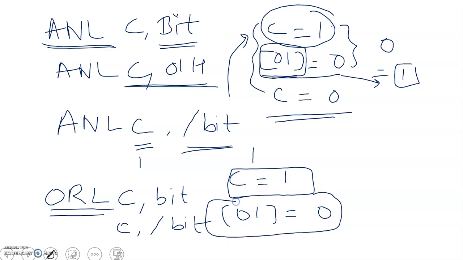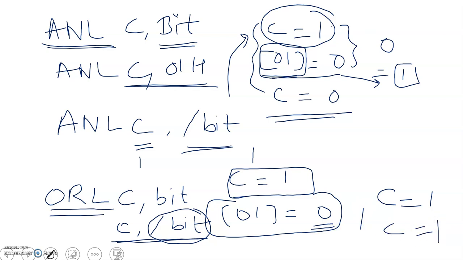For the other form, the bit is first complemented, so this 0 becomes 1, and ORing it with C again results in C equal to 1.